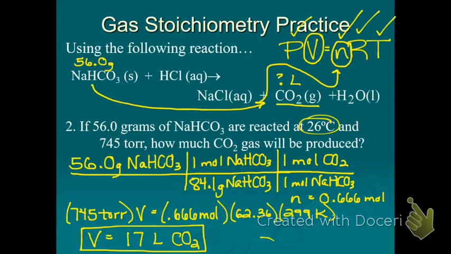If you have 2 unknowns missing, 2 things that you don't know, you can't use that equation right away. I had to do some stoichiometry first to get moles of the gas, and then I could use the ideal gas law. I'm going to do one more problem with you, okay, just to make sure that you've got this.